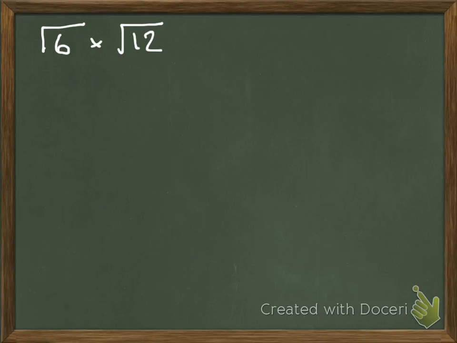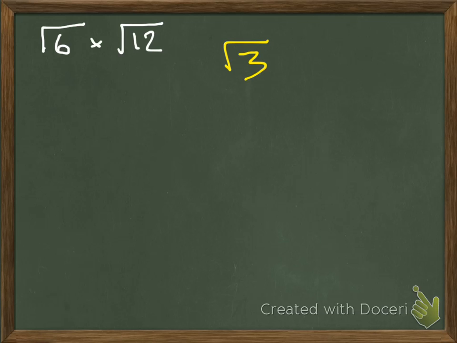Okay, so here's the next example, root 6 times root 12. So let's have a little look at this. Okay, well, we'll try looking firstly at breaking down the 6 and breaking down the 12. And I'm instantly looking at this and thinking, well, okay, I wonder if there's some root 3's in here.